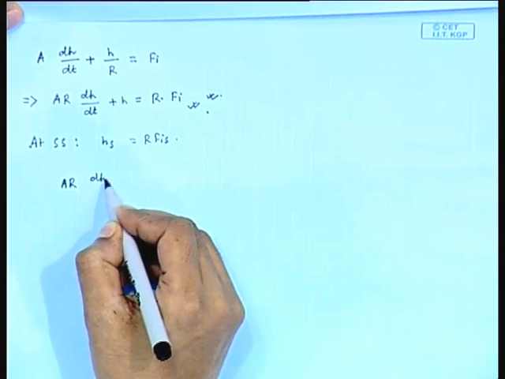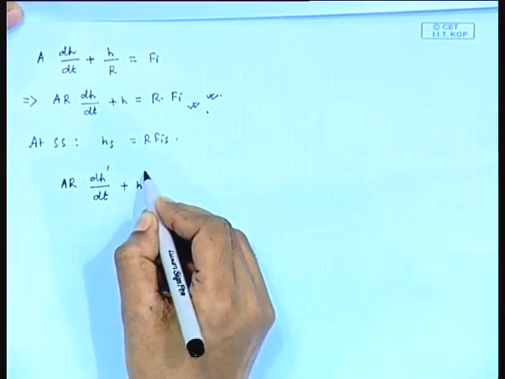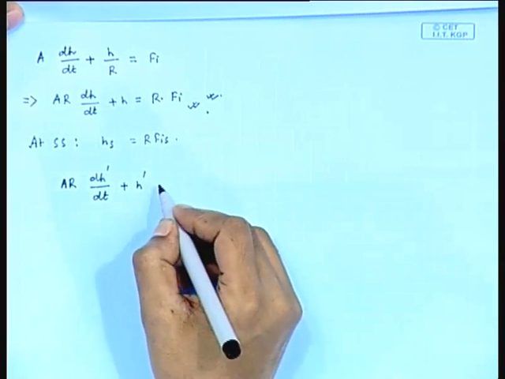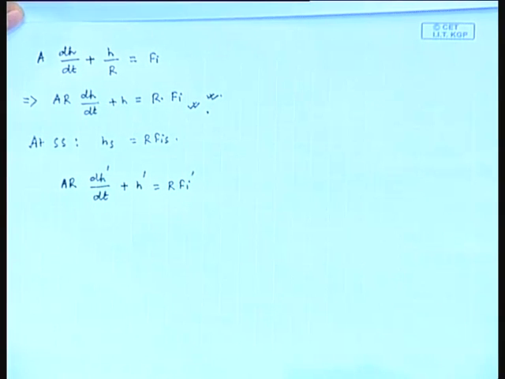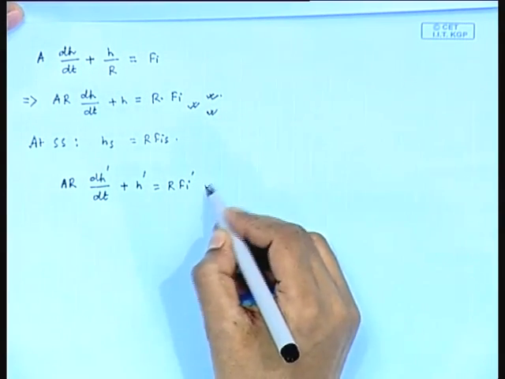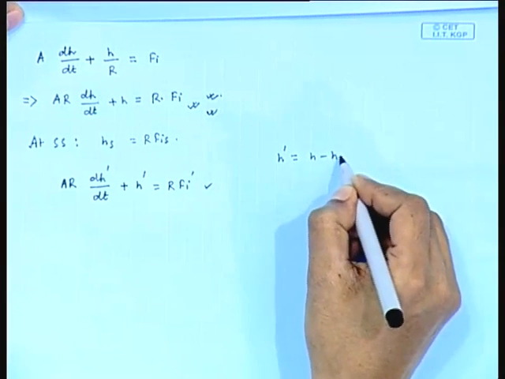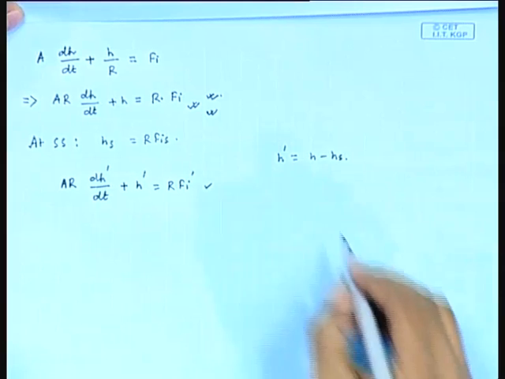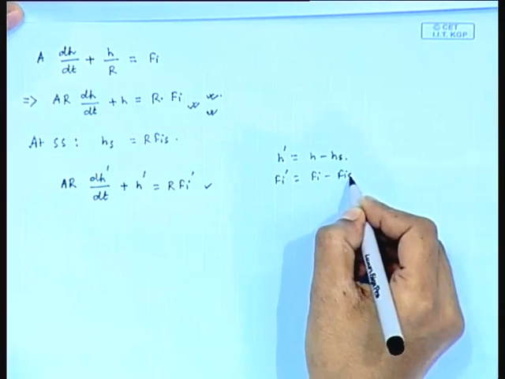the equation in terms of deviation variable, that is AR dh prime/dt plus h prime equal to R Fi prime. Subtracting the steady state model from the original model, we get this form in terms of deviation variables, where h prime equals h minus hs and Fi prime is Fi minus Fis.